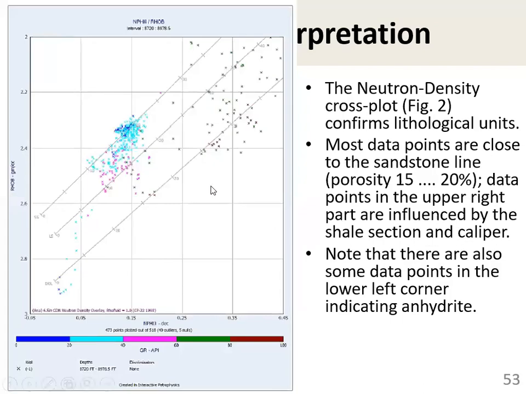Putting all those plots on a density-neutron cross plot, most of the data points are close to the sand line, which is here. The data points in the upper right are influenced by the shale section and the caliper, and there are some in the lower part, which is indicative of the anhydrite.